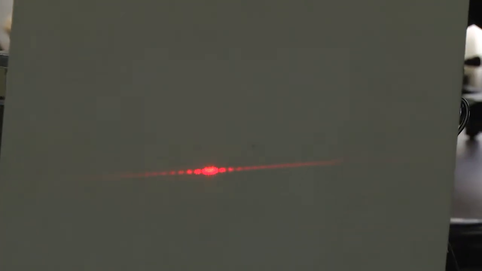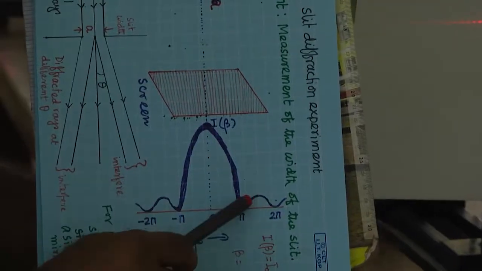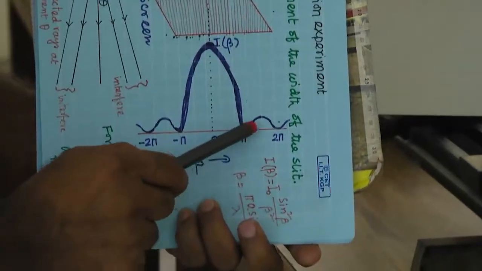This is the central one, the highest intensity, as you have seen in the diagram. Then the secondary ones, their intensity will decrease, and between these maxima there are minima.